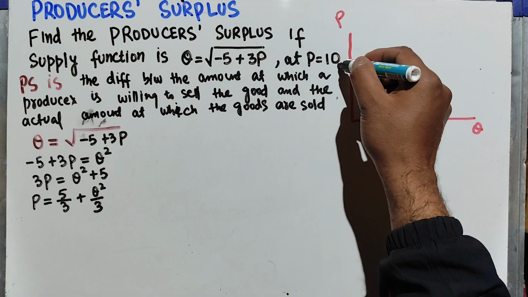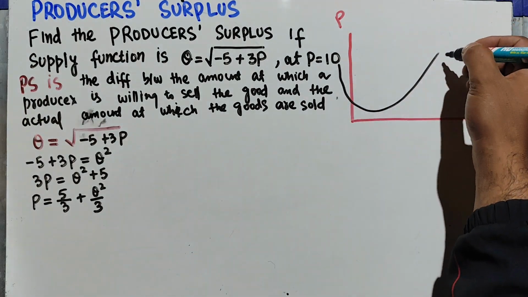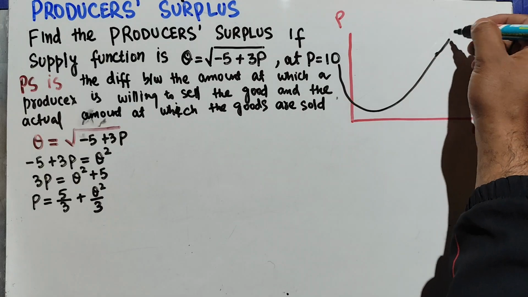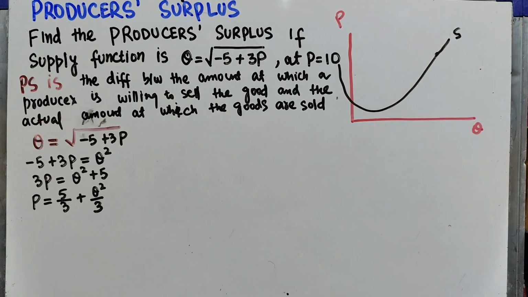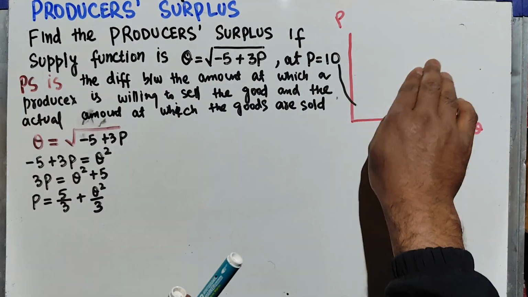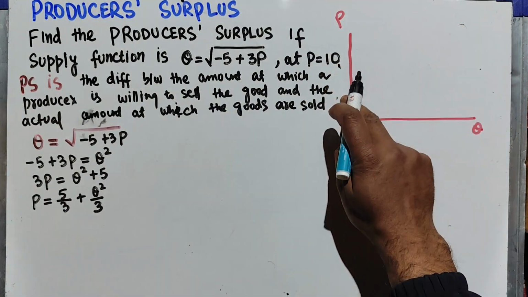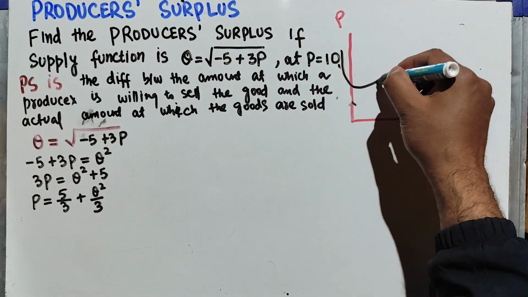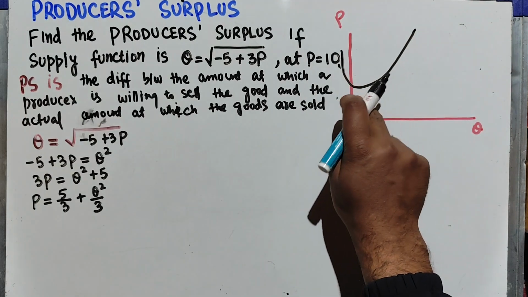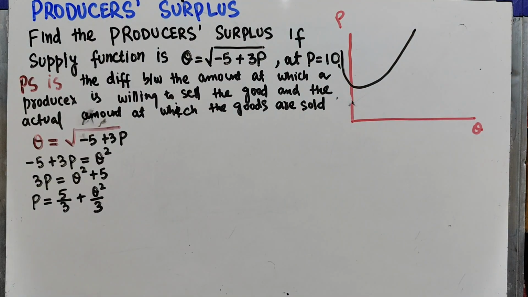It is a quadratic one. So this is our supply function.